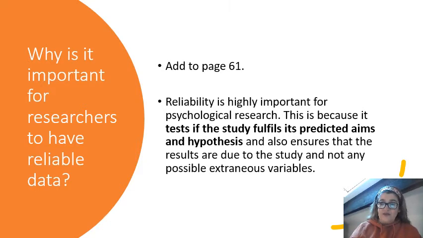And if we can say, yeah, we've supported those, and the results are due to the study and not any possible extraneous variables. So if the study is carried out again and again and again, and it's not been affected by extraneous variables, that is a vital part of psychological research. So that is why reliability is so important. So if we can make sure we add that to the booklet, please. Okay, let's move on.